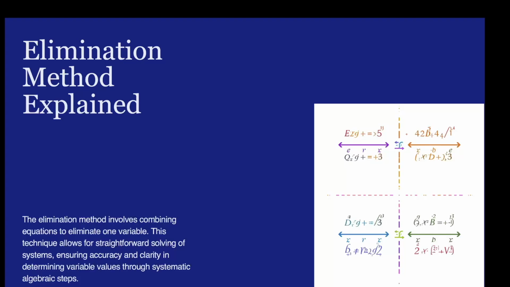Eliminating a variable simplifies the system into a single equation with one unknown variable. After solving for that variable, we substitute the value back to find the remaining variables. This method is very clear, and if we do it step by step, it's very accurate, and we can determine the solution to a system of equations.